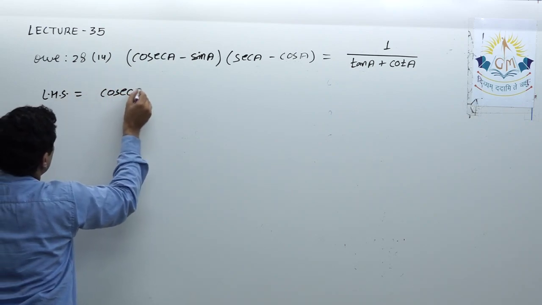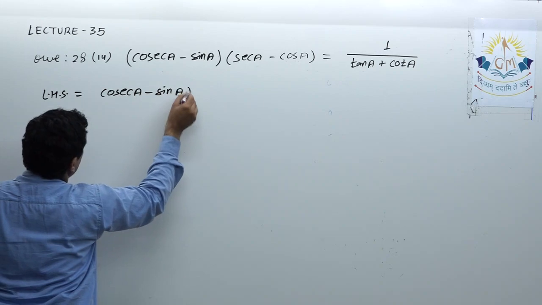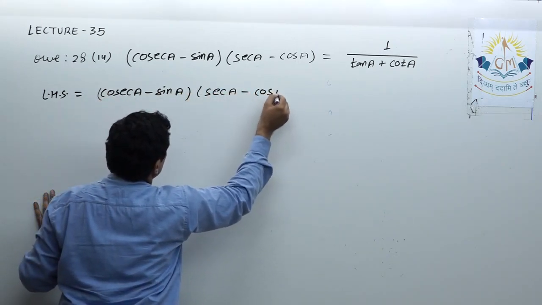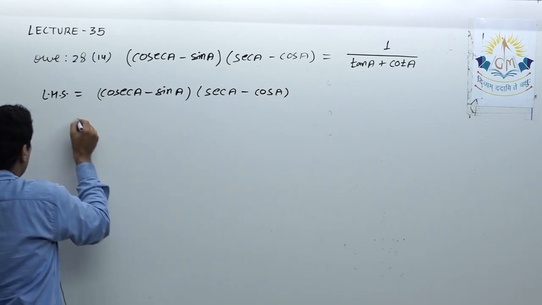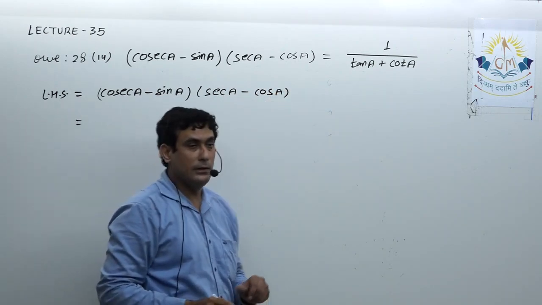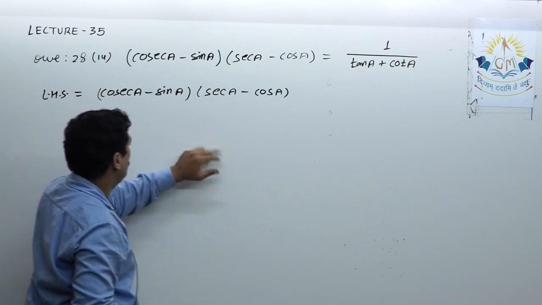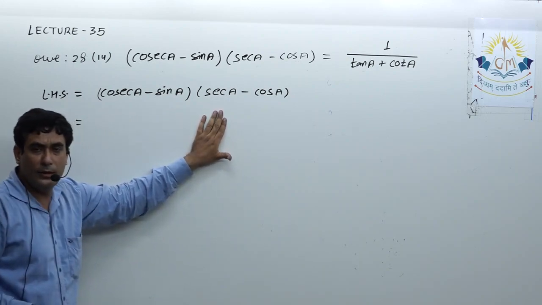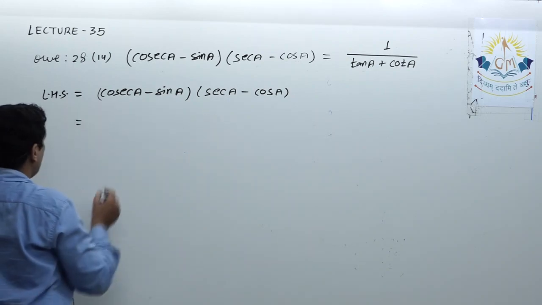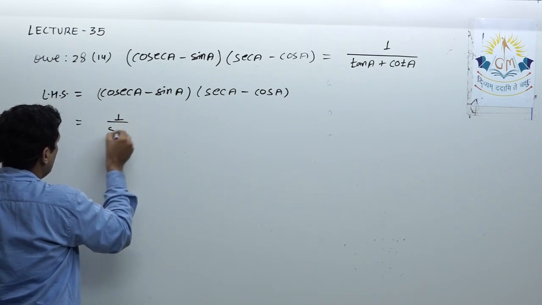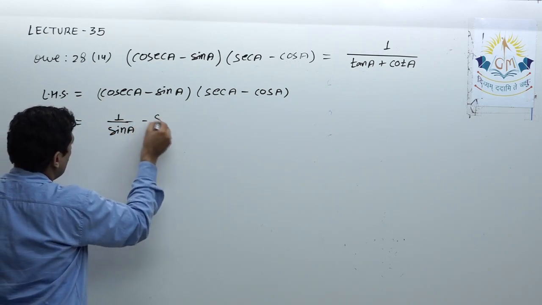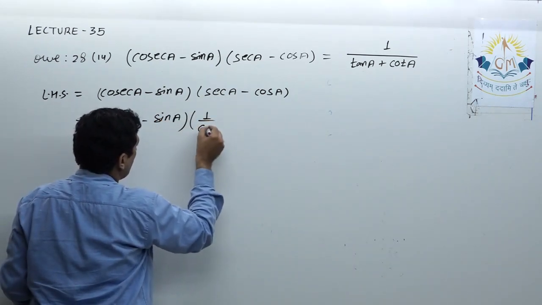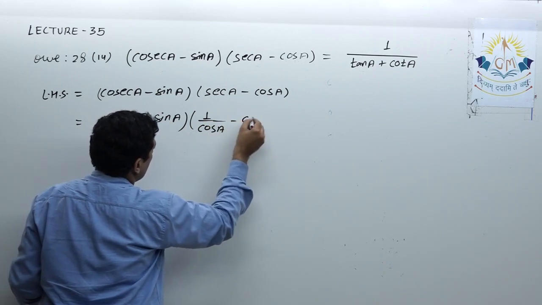Cosec A minus sin A, sec A minus cos A. According to that list, the first thing I'll do is convert the trigonometric ratios in the form of sine and cos. So here I can write (1 upon sine A minus sine A) into (1 upon cos A minus cos A).